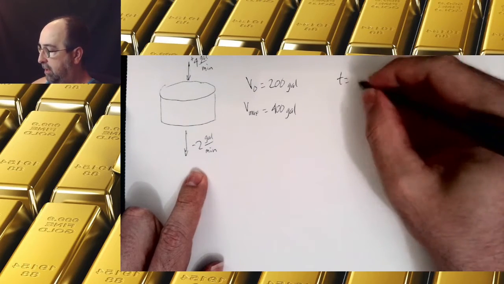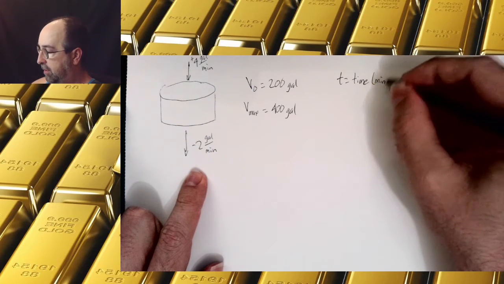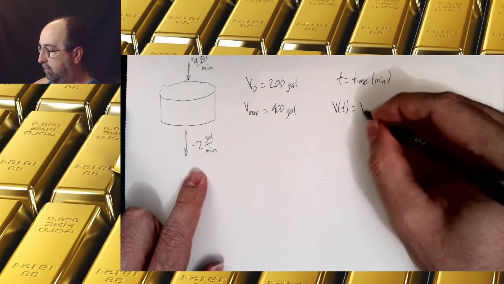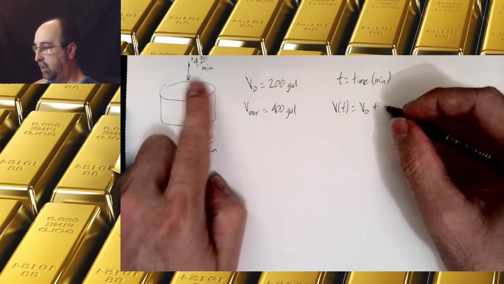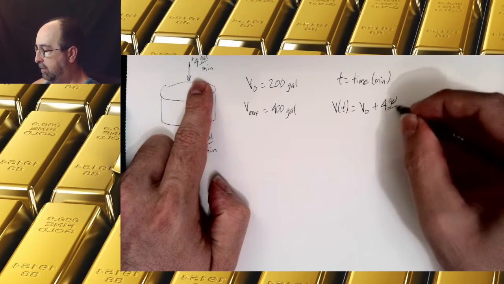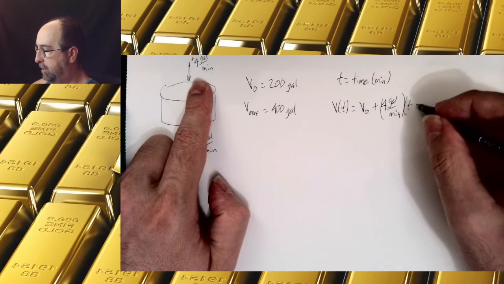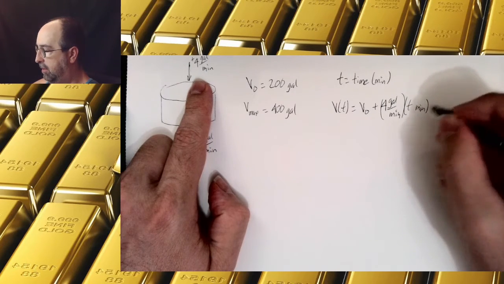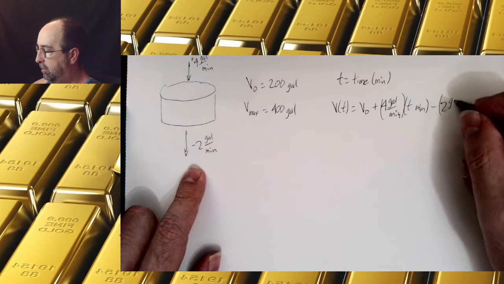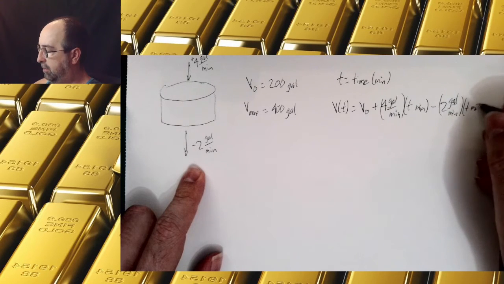And if T is equal to the time in minutes, then the formula for the volume would be V initial plus 4 gallons per minute times T minutes, minus 2 gallons per minute times T minutes.